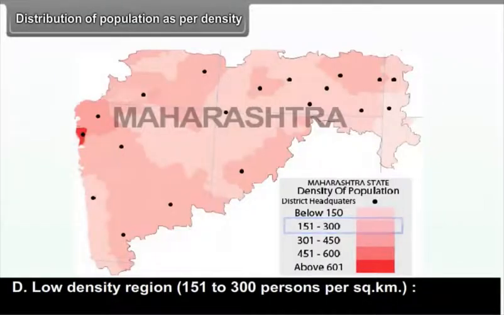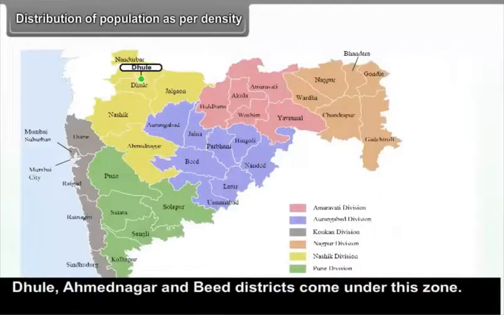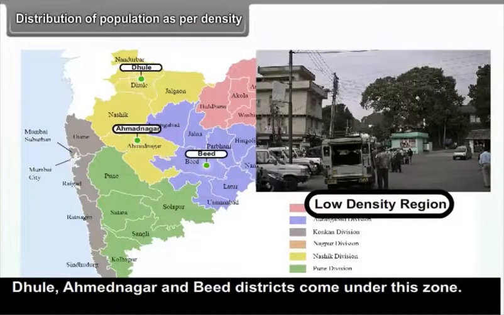D. Low density region, 151 to 300 persons per square kilometer. To the east of the Sahyadri ranges lies the rain shadow region. Dhule, Ahmednagar and Beed districts come under this zone.